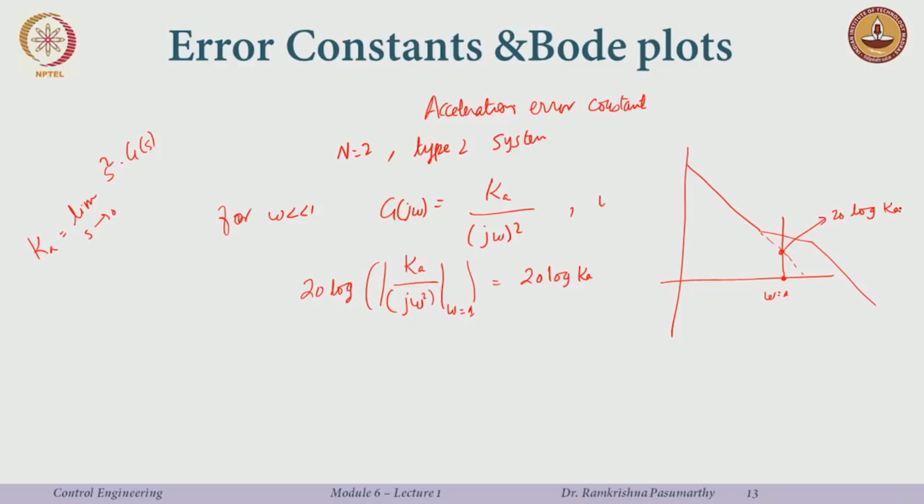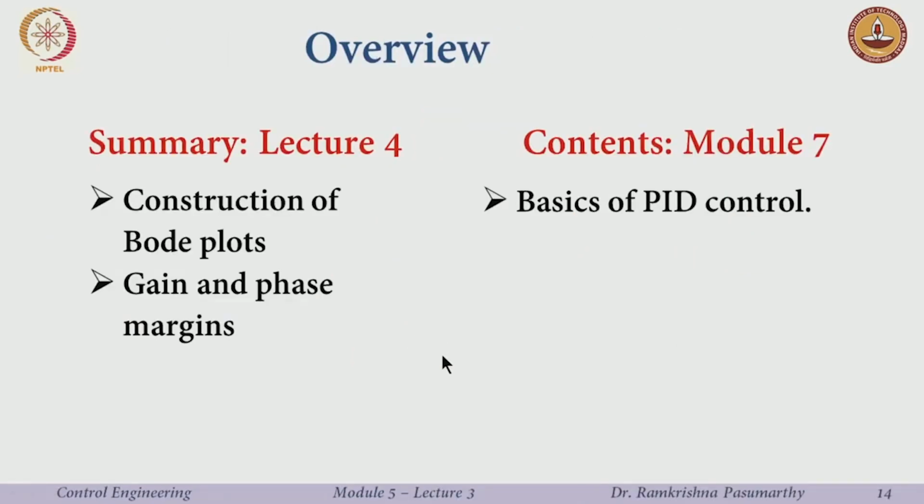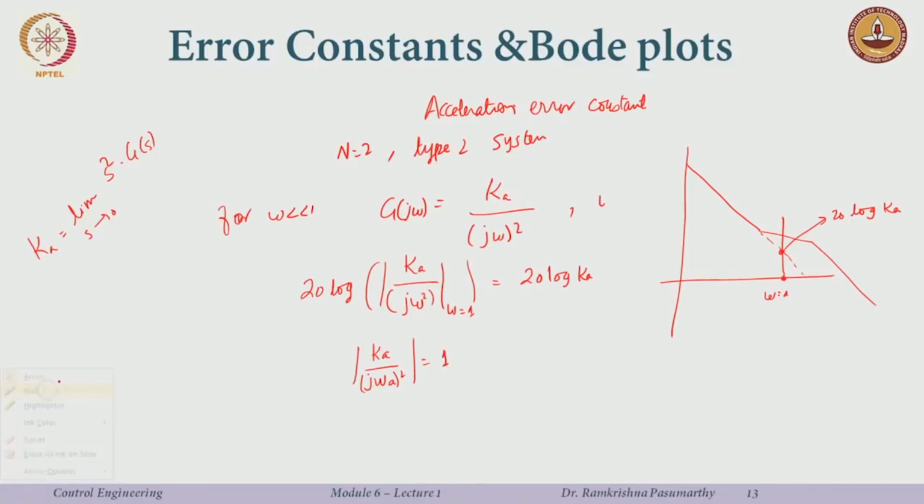The other way to compute is to see at what point this touches the axis. So, I am looking at magnitude of Ka over (j omega) square being 1, or equivalently in decibels, 20 log of Ka over (j omega) square is the 0 dB line. So, it is 0 dB, a magnitude of 1 in absolute terms.